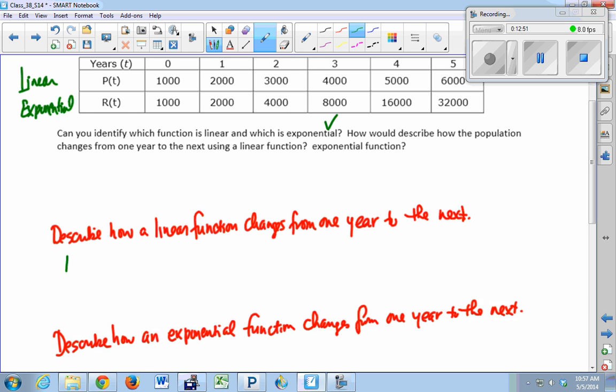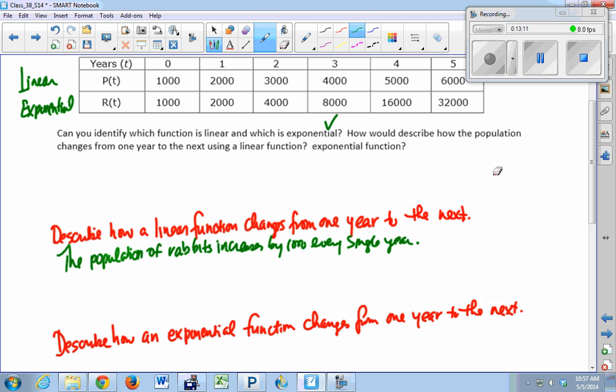Okay, the population of rabbits increases by 1,000, what'd you say? Every single year.